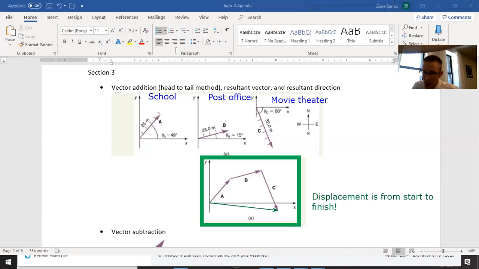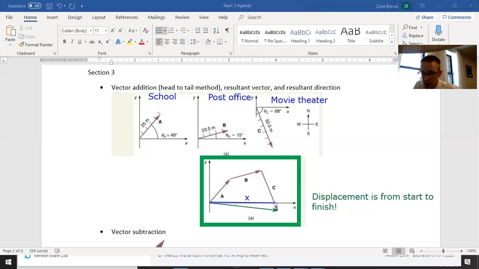And just to review, we could split that total displacement up into X and Y components, okay, which I'll draw here. So this would be my X component, this blue line I just drew. This is my X. And let's do my Y component in orange.